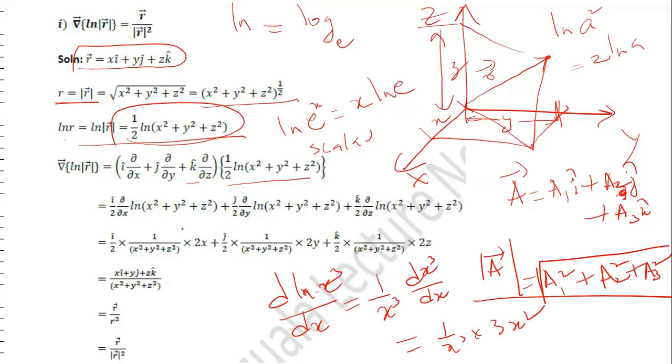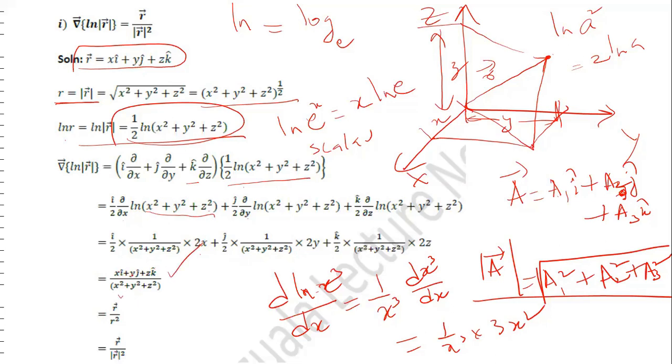So if you do that, differentiation of ln of this would be 1 upon this, and then differentiation of this quantity: the derivatives of y square and z square with respect to x are 0, and differentiation of x square with respect to x is 2x. If you follow that simple calculus, then finally this is what you get.